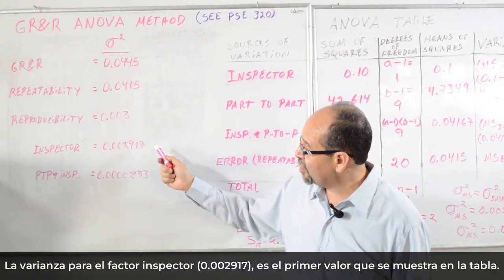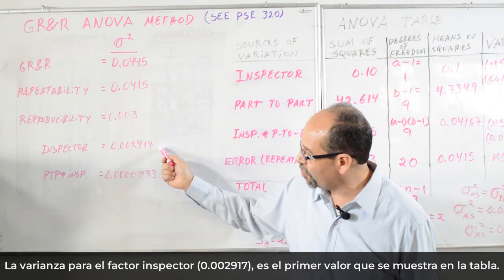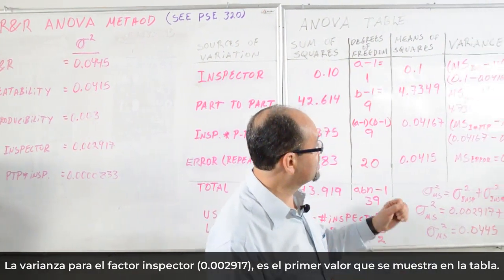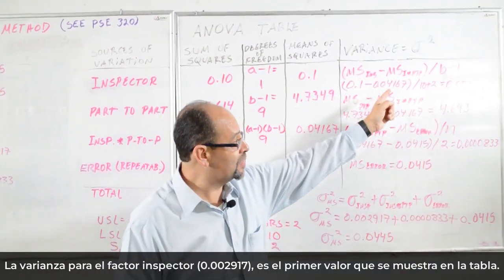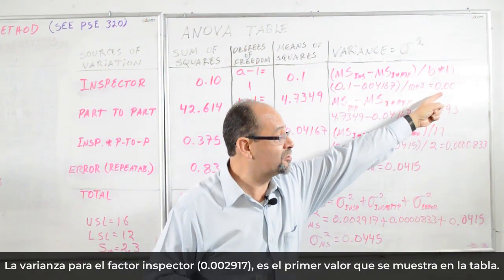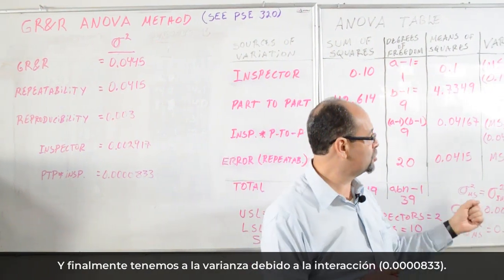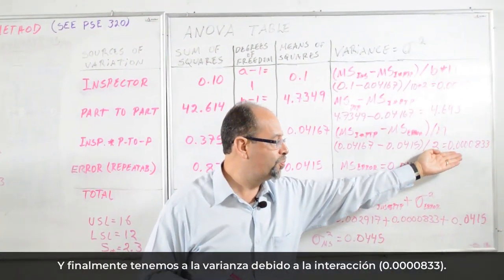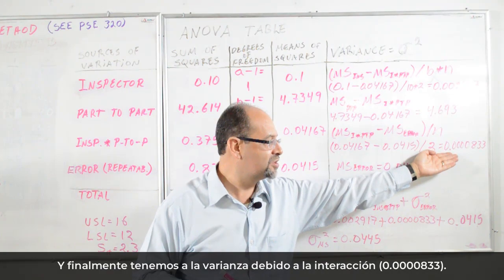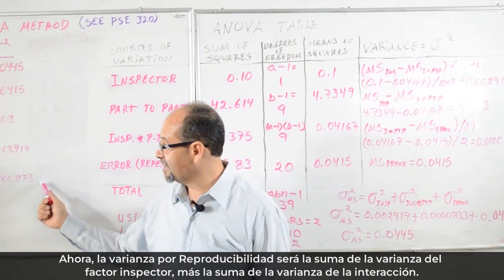The variance because of the inspector is 0.002917. And finally, the variance because of the interaction is 0.0000833.